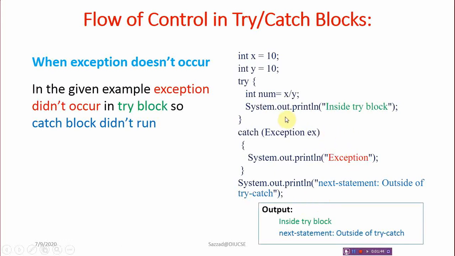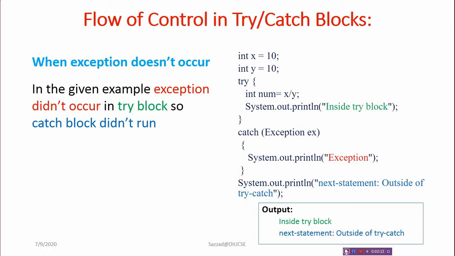The output should be, because no exception happens, it will execute the line inside the try block, and as there is no error or exception, it will not go to the catch block. It will directly go to the statement after the catch block, which is the next statement outside the catch block. So in the given example, an exception does not occur in the try block, so the catch block does not run.